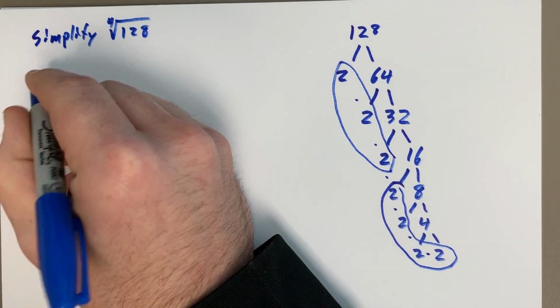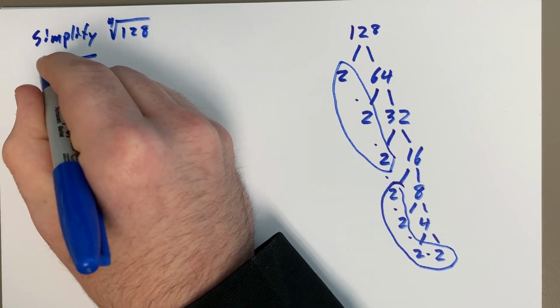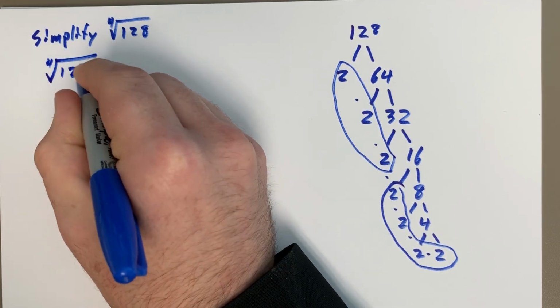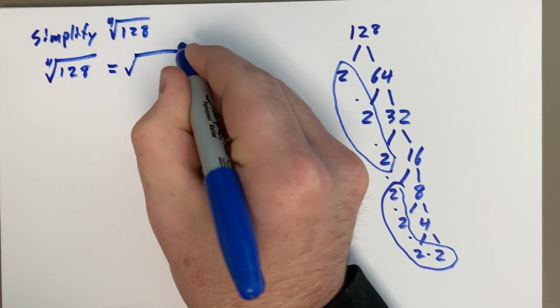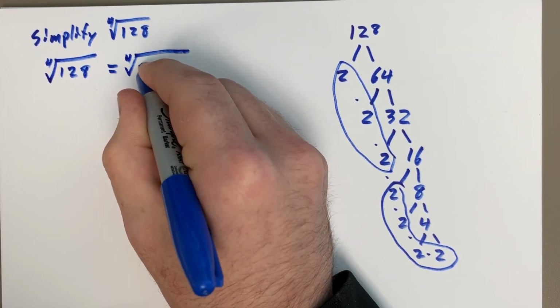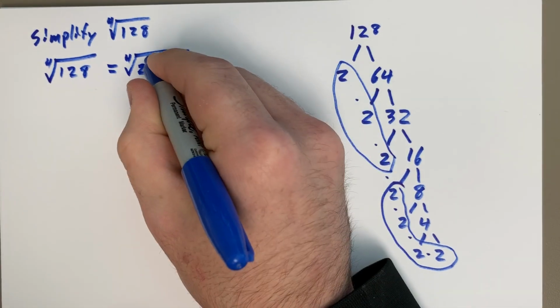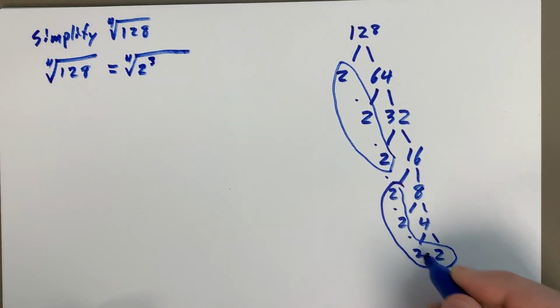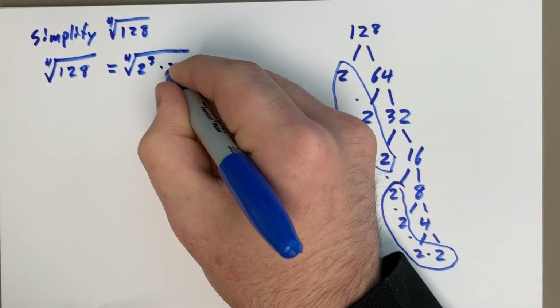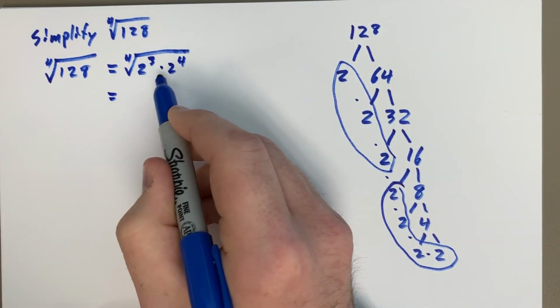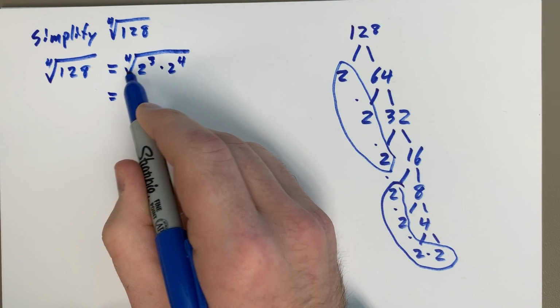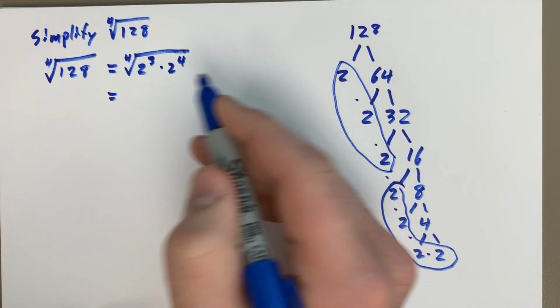So if we were to rewrite this, I have fourth root of 128, and that is equal to fourth root of 2 times 2 times 2, so that's 2 to the third, times 2 to the fourth. Now we're going to use our power rule so that we can distribute this radical over products, or rather the product rule.